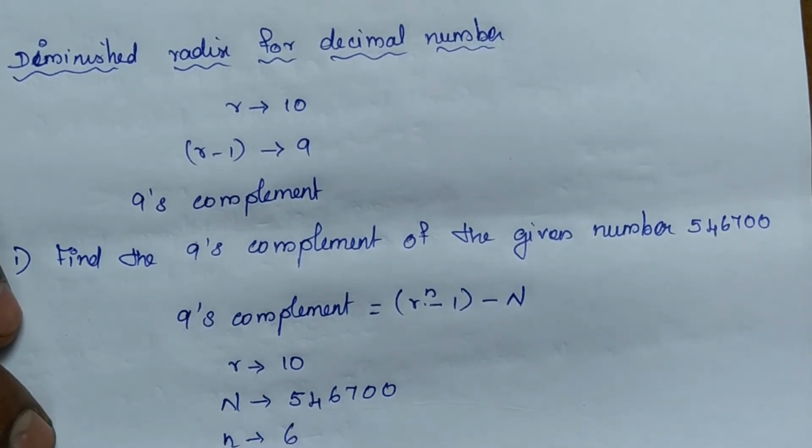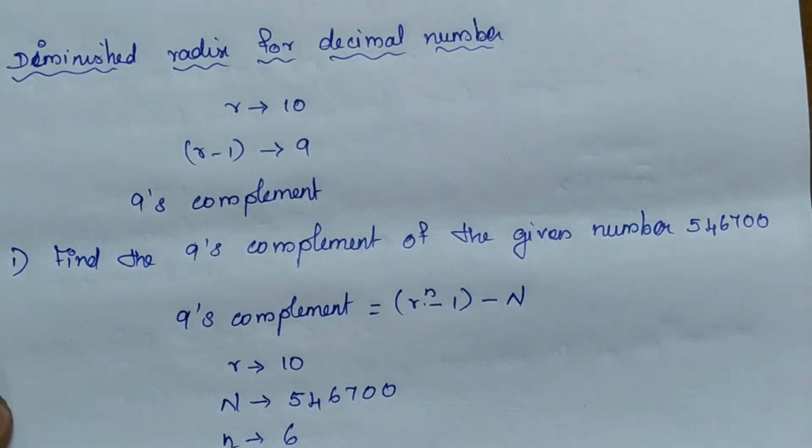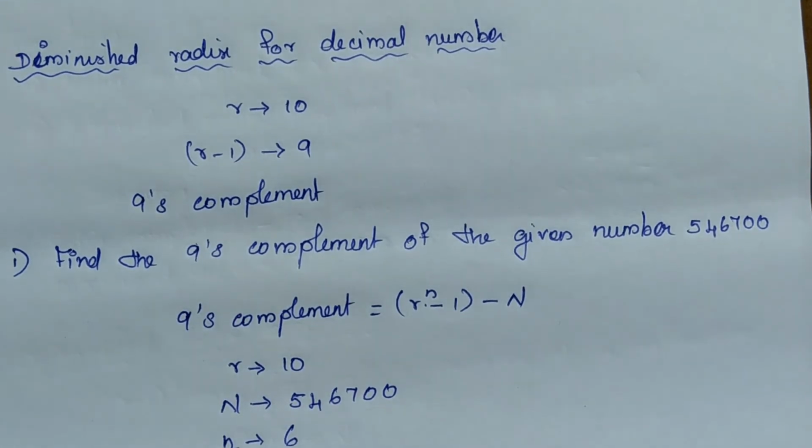Here we are having 5 digits, therefore small n is equal to 5.